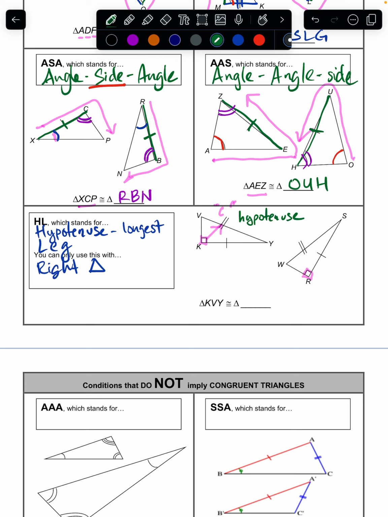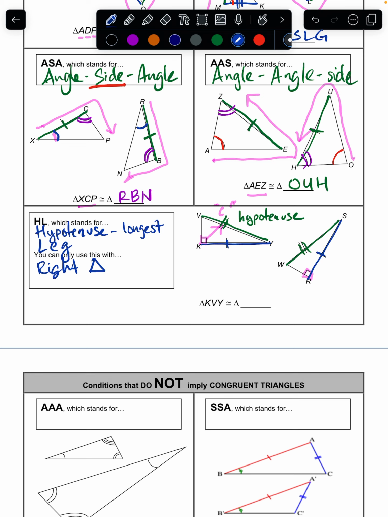And it says here that our hypotenuses are congruent. So VY has 2 hash marks and WS has 2 hash marks. So these corresponding sides are congruent. Now all we need is a leg, and notice that KY has 1 hash mark and RS has 1 hash mark.